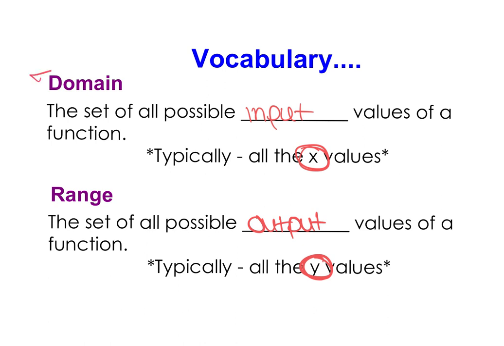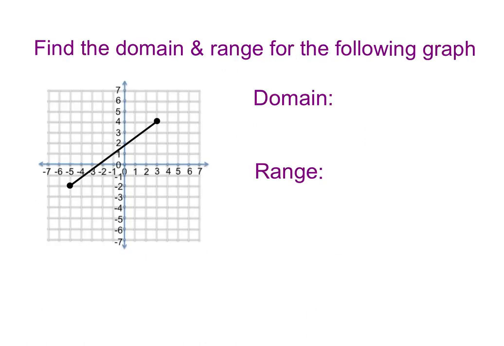So these are the two vocab terms that you should be familiar with so that we can actually identify the domain and range of each function that we see. So let's take a look at this first example here. When I dive into this example, what I see is that I have two endpoints on this particular function.